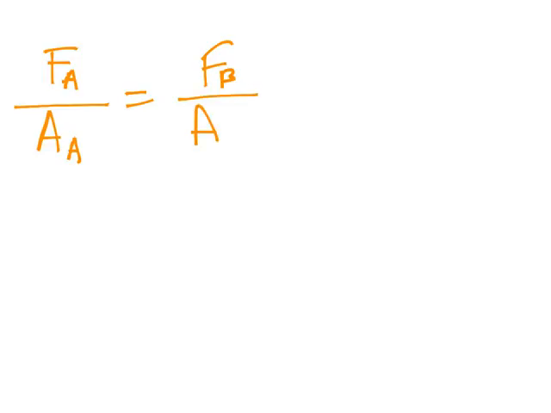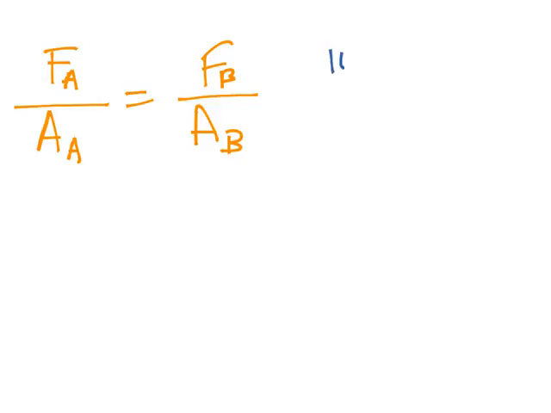So FA by area of A is equal to FB by area of B. Now observe one thing: these areas are given in CGS unit. It's better to convert to SI unit. Even if you don't convert, since it's a ratio, it cancels out, but just to keep it standardized, let's convert everything to SI unit.